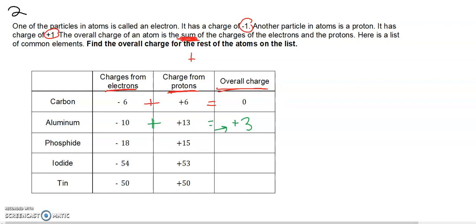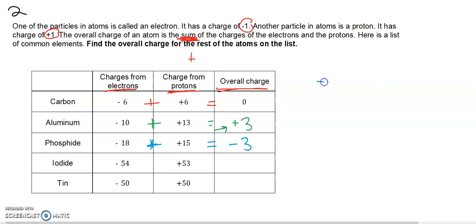All right. So phosphide, we have a -18 and a +15. When I add those together, since the negative number, the 18, is the larger number of the two, my answer is going to be a -3.